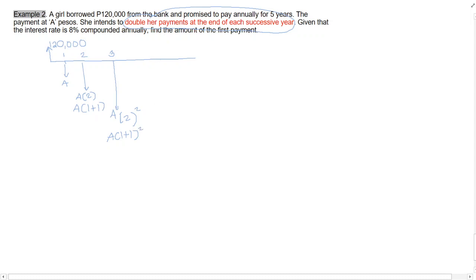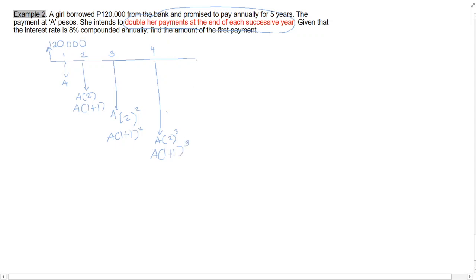Okay, so for the fourth year, let us all write it. That is A multiplied by 2 raised to 3, or we can write that as A multiplied by 1 plus 1 raised to 3.